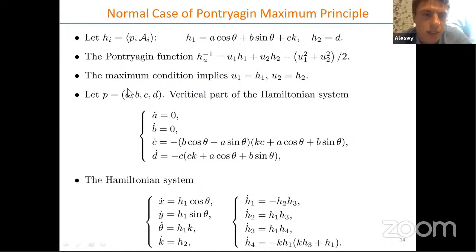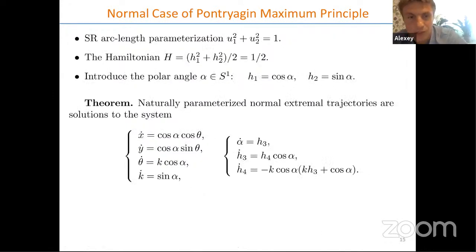Why I used these canonical Darboux coordinates: it immediately gives us two first integrals, A and B. So this will be important next. But in these coordinates, the system is not very beautiful. If we use h_i coordinates, it has an already observable form. It is more elegant. So this is the Hamiltonian system for normal geodesics.